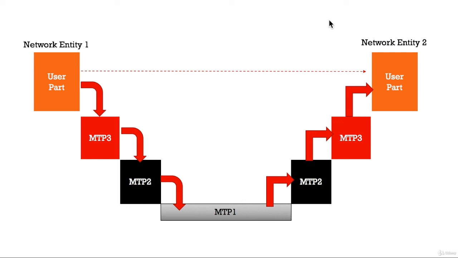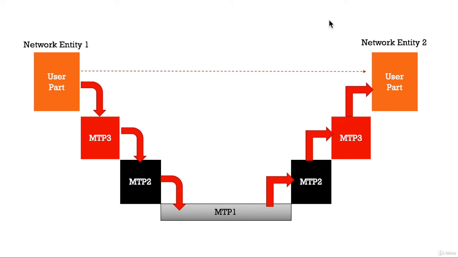They are called signaling transfer points, STPs. Those STPs are like routers in our OSI model. Here I'm not taking the example of a router, it's just another endpoint. So after the routing information has been checked by MTP3, it is handed over to the user part.